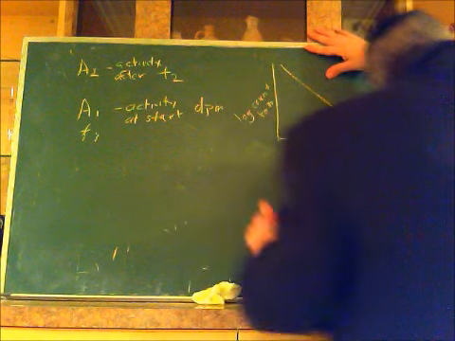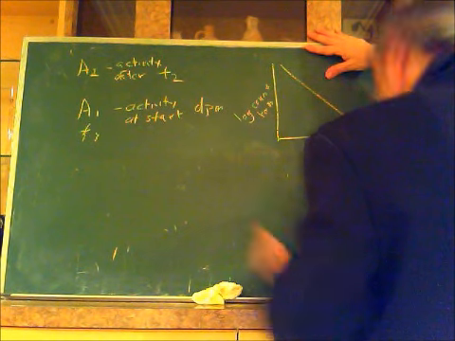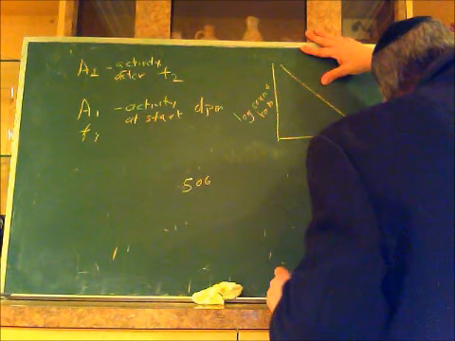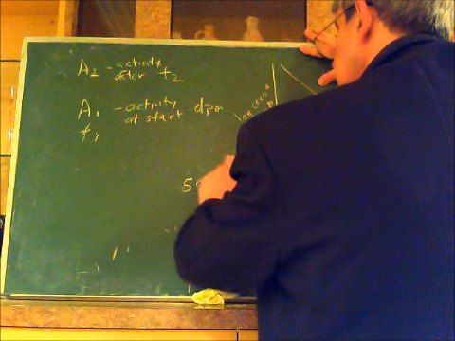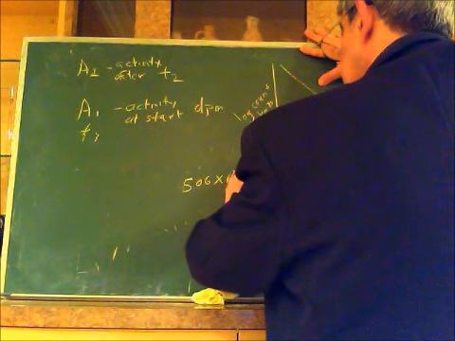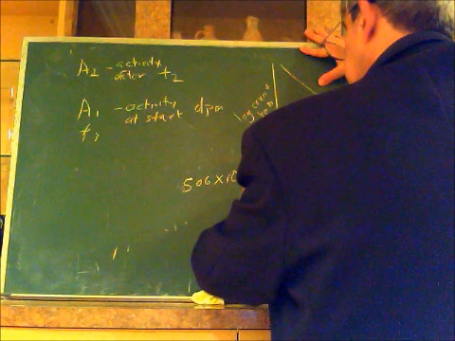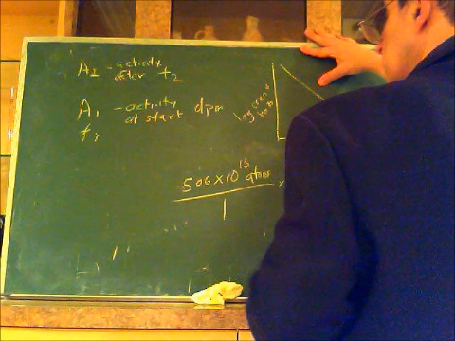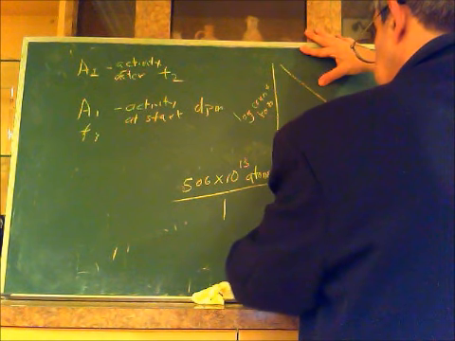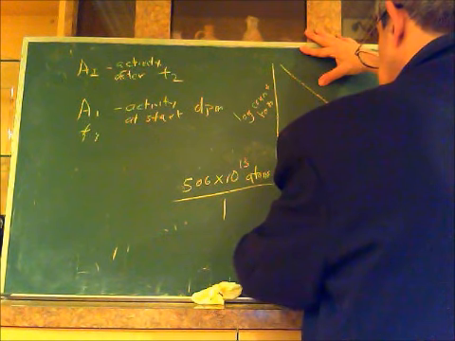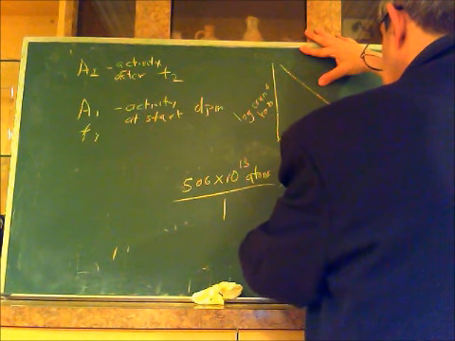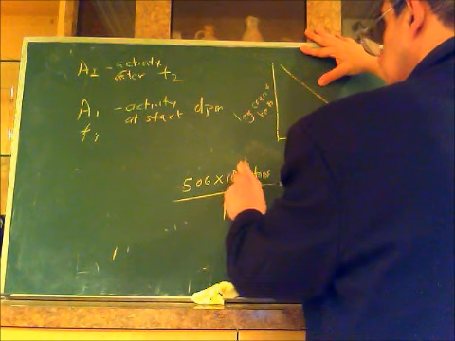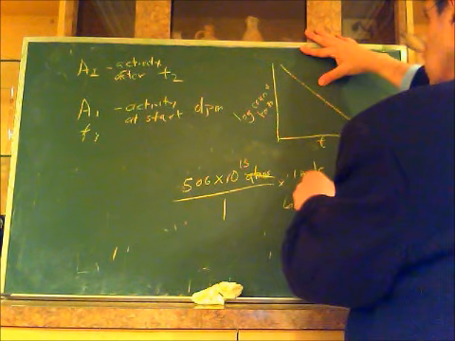We had 5.06 times 10 to the 13th atoms, and I put that over 1 just so you can see this is the numerator and that's the denominator. We're going to multiply that by 6.022 times 10 to the 23rd atoms per 1 mole. Now atoms are going to cancel out, and we're going to have moles on the top.